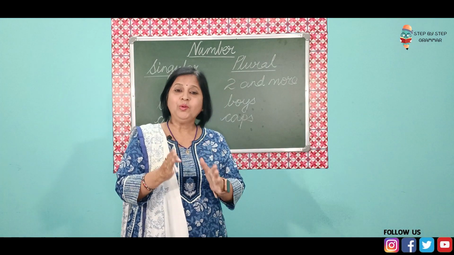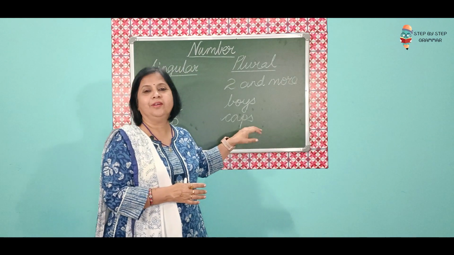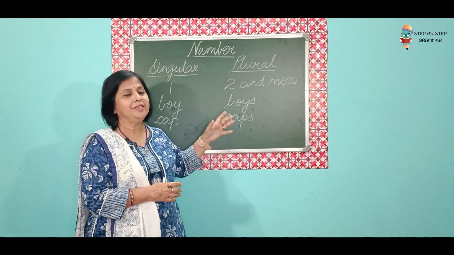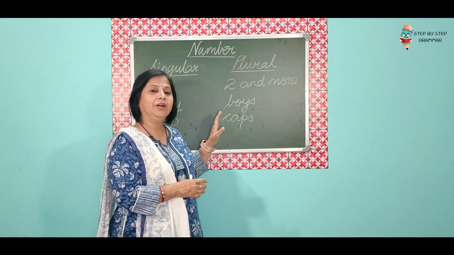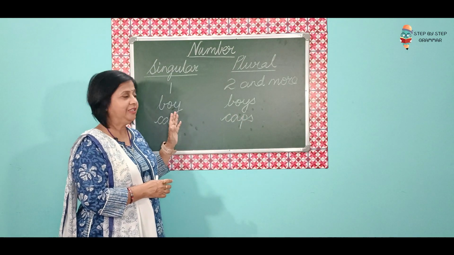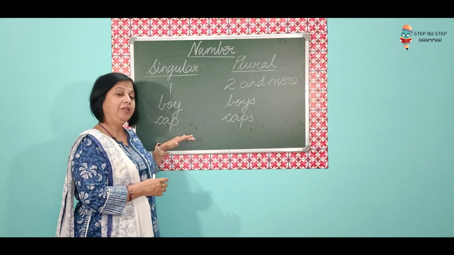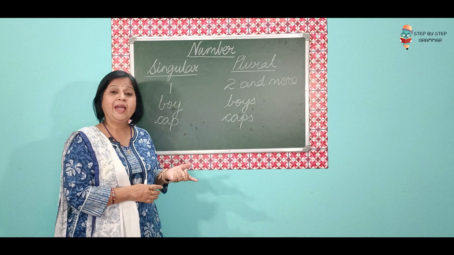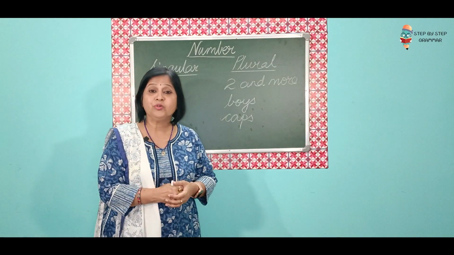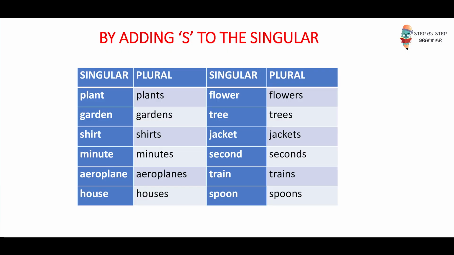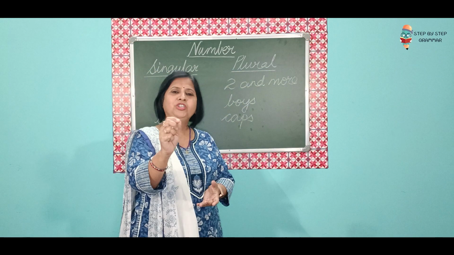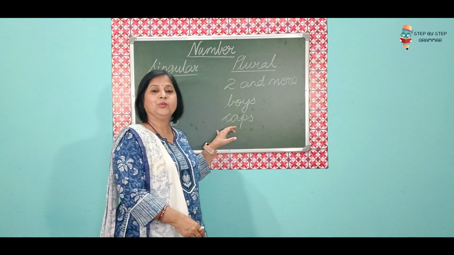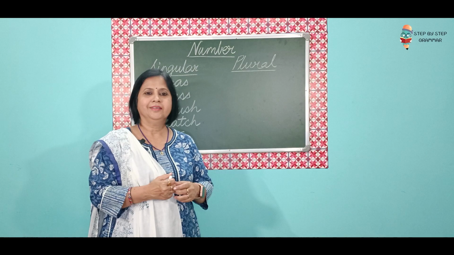The most common way to form the plural of a noun is simply by adding s, like you've already seen. Boy, boys, cap, caps, and you can see some examples also on your slide. Minute, minutes, aeroplane, aeroplanes, tree, trees. So these are the simple ones, just by adding s to the singular form.